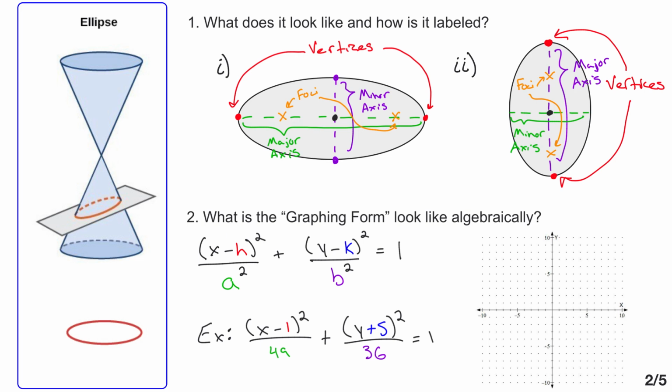All right, well, I know that I'm going to be shifted right 1 because of the 1 that is being subtracted next to the x. And I have a y plus 5, which tells me I'm going to be going down 5.